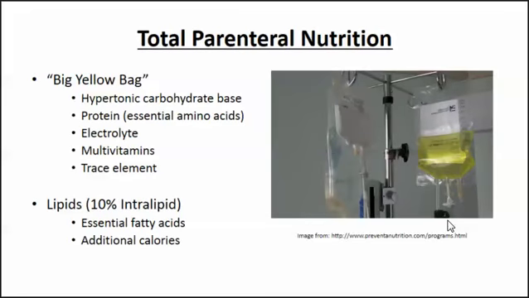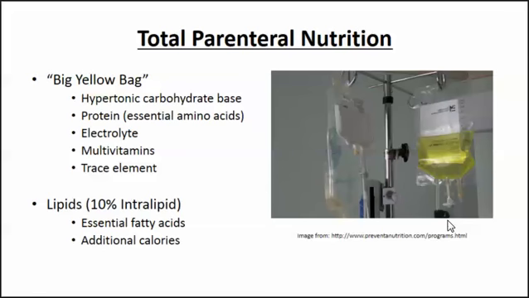So the TPN is usually this big yellow bag. It contains a hypertonic carbohydrate base. Instead of being D5 or D10, it's usually D50, D60, a very hypertonic carbohydrate. It contains proteins broken down into their essential amino acids, electrolytes, multivitamins, and then some trace elements for which we need a continuous intake.